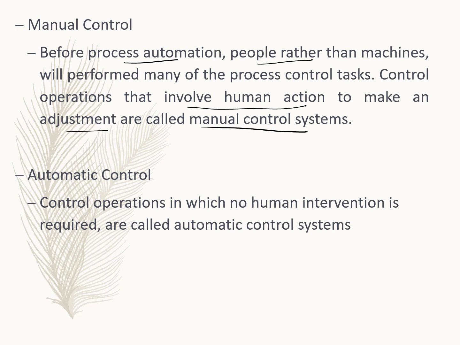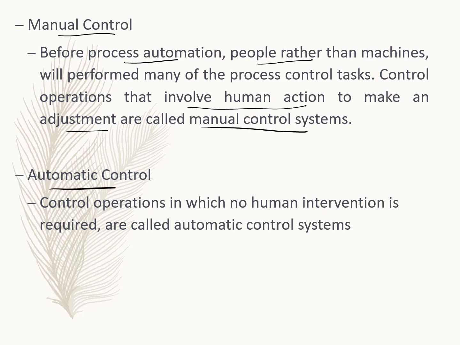In the previous slide, we can see that when the sensor measures the deviation of the process variable, the process operator needs to adjust, right? To take action to adjust the level of power, right? Okay, so that was a manual control system.